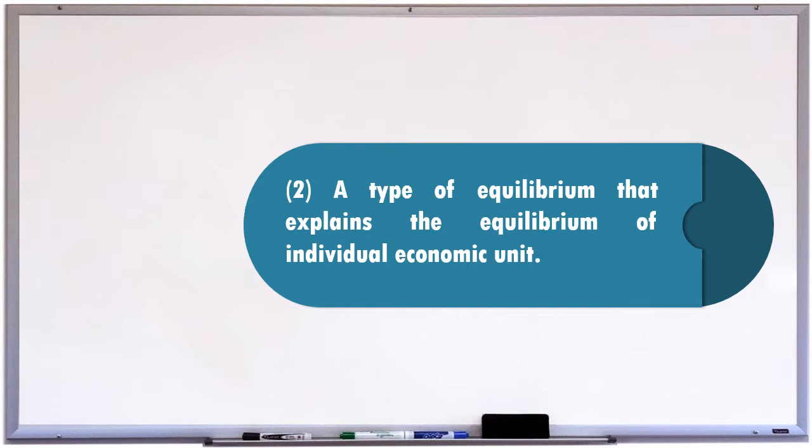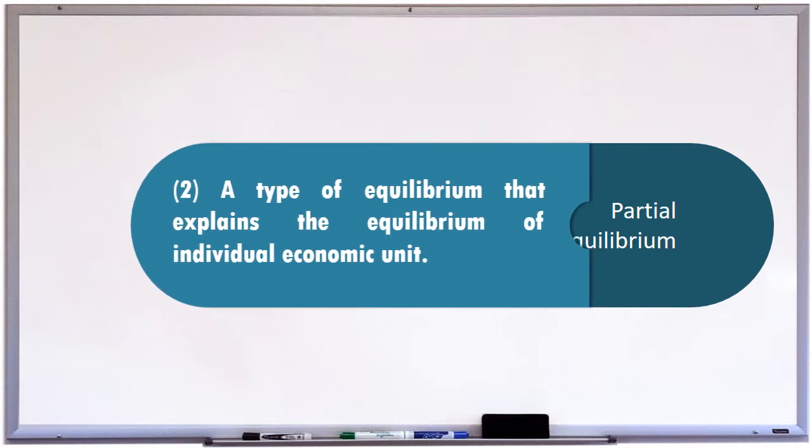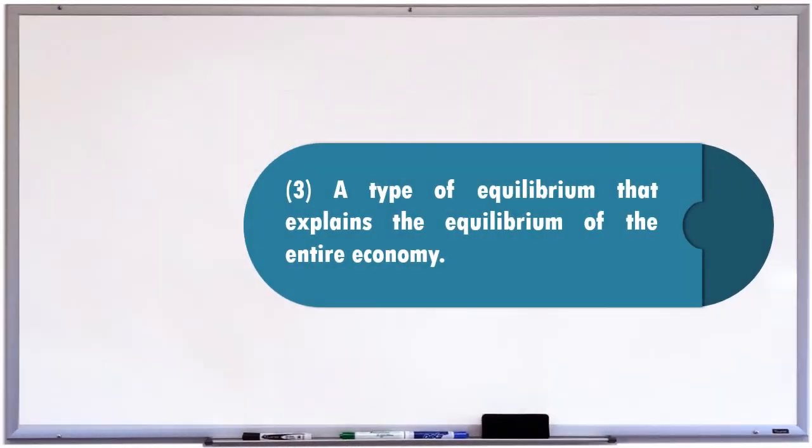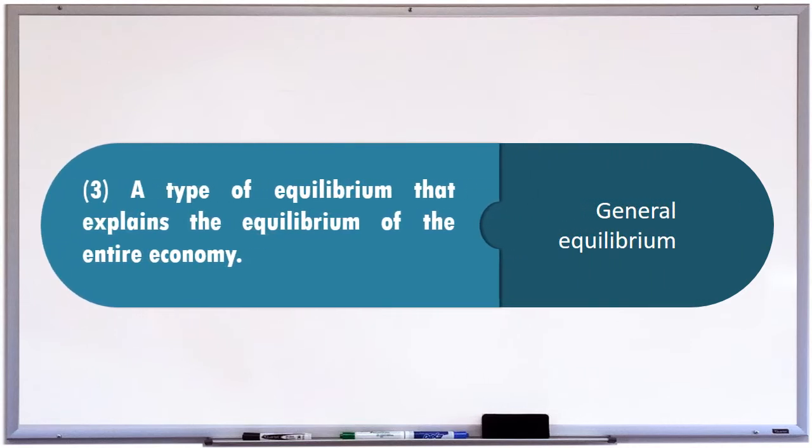A type of equilibrium that explains the equilibrium of individual economic unit. And the economic term is partial equilibrium. 3. A type of equilibrium that explains the equilibrium of the entire economy. And the economic term is general equilibrium.